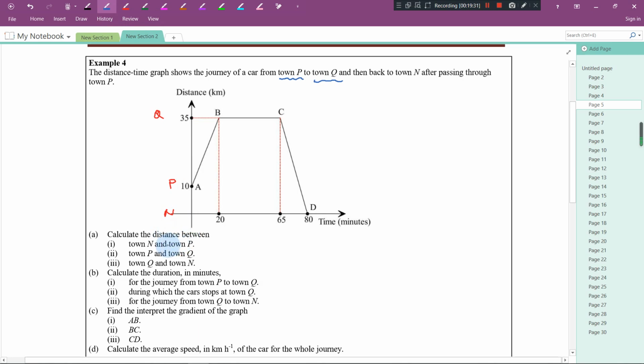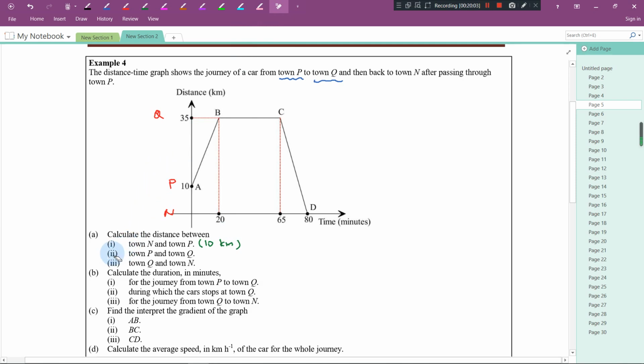Calculate the distance between town N and town P. So if you label all this information onto your graph, then it will be easier for you to get the answers. From town P to town N, which is here and here. How many kilometers? 10 kilometers, right? So the answer for this part is 10 kilometers.